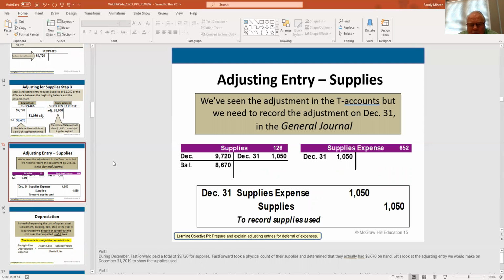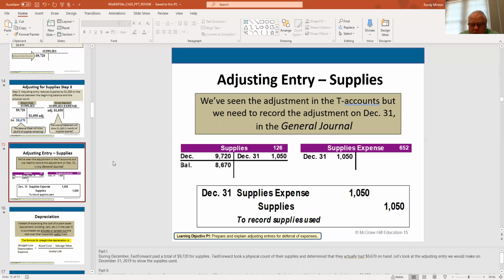And supplies, again, if you can visualize being in an office and everybody's busy and they're all going to a supply room and getting some pens or some staples or paper to put in the copier or toner to put in the copier. We bought all these supplies and we put them in as an asset, but we haven't adjusted them down.